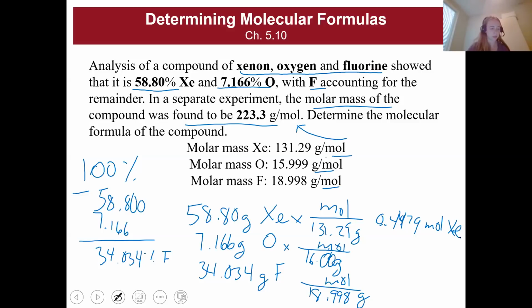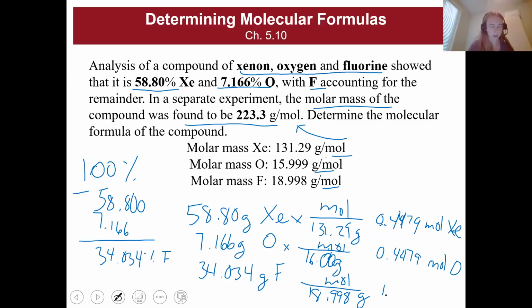What's our next one? 7.166 divided by 16. I got 0.4479. Wow, okay. Moles of oxygen. And lastly, 34.034 divided by 18.998.